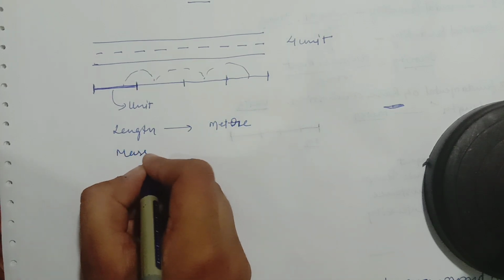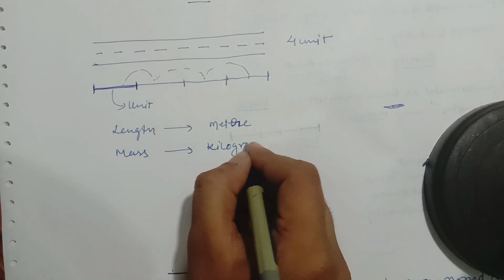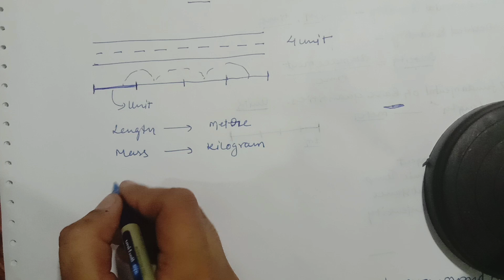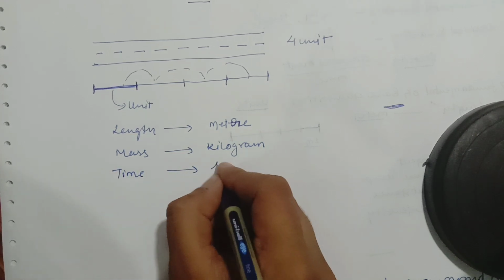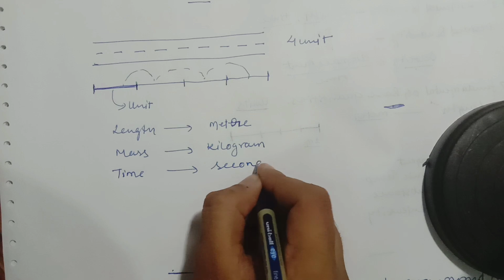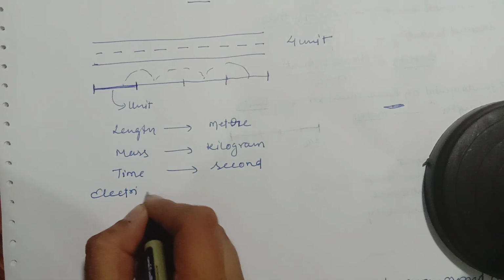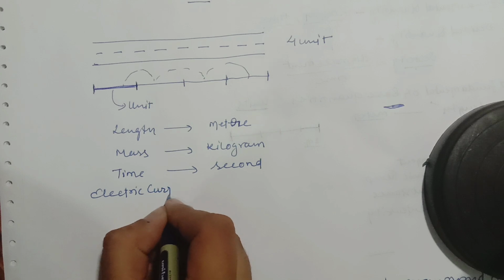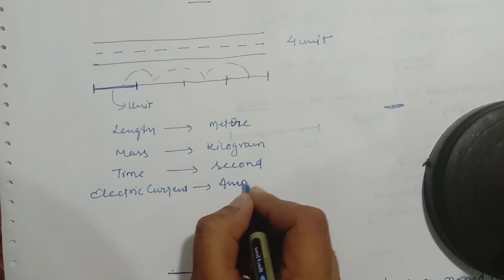Mass has the unit kilogram. Time has the unit second. The unit of electric current is ampere.